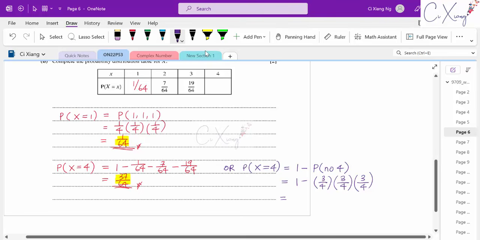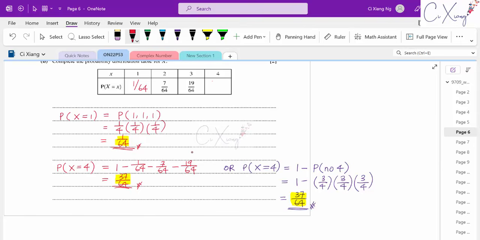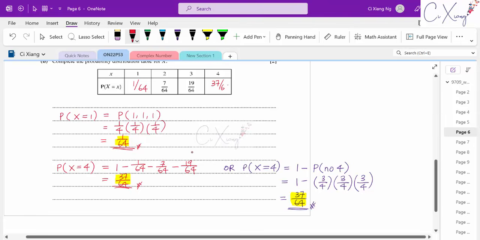Then you should also get 37 over 64. For this particular probability, you can choose which method you understand better. So this is how we answer question number 4, part B. I will fill in the value here, which is 37 over 64.